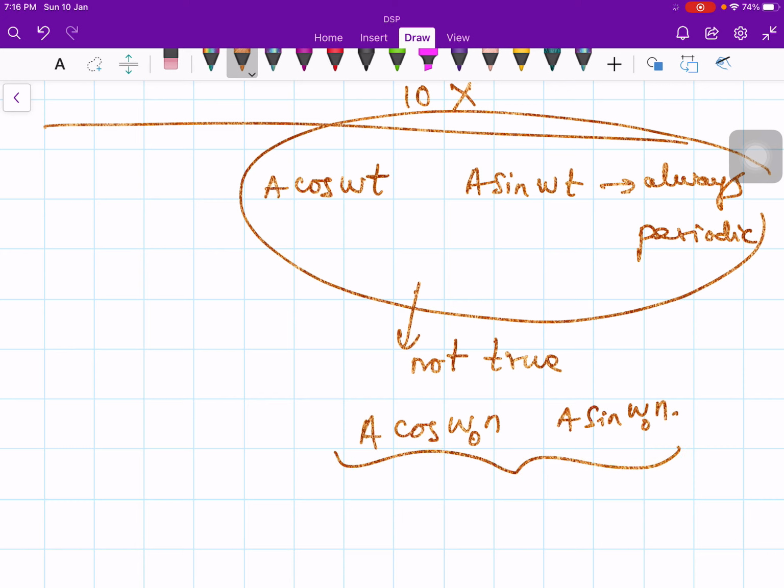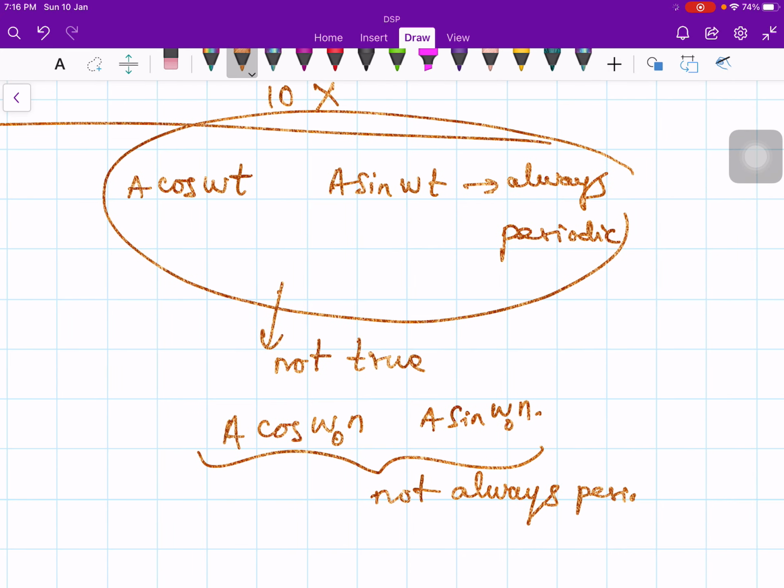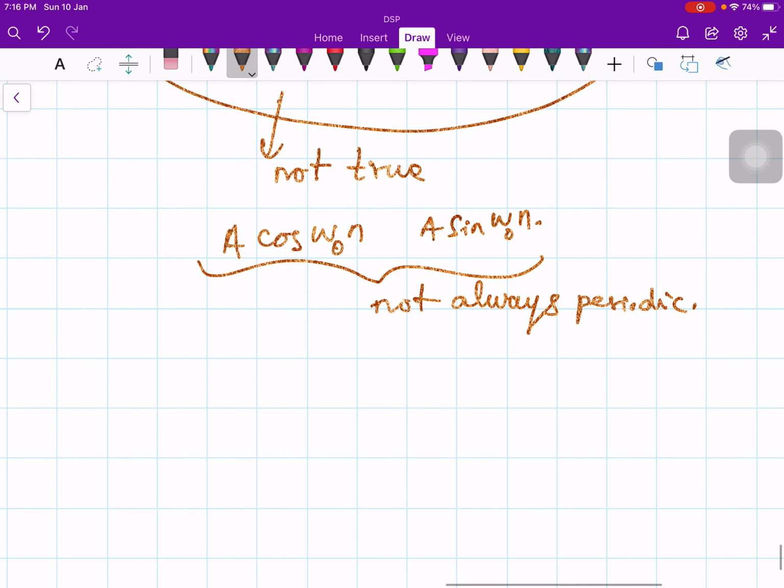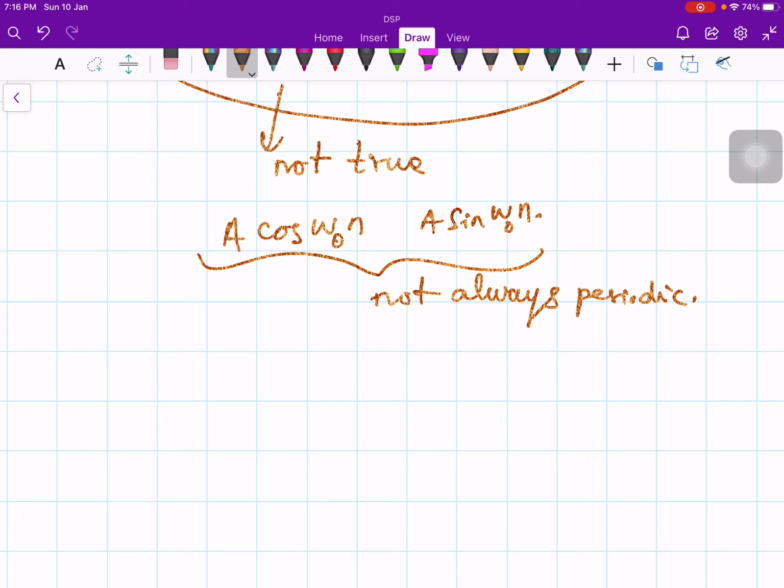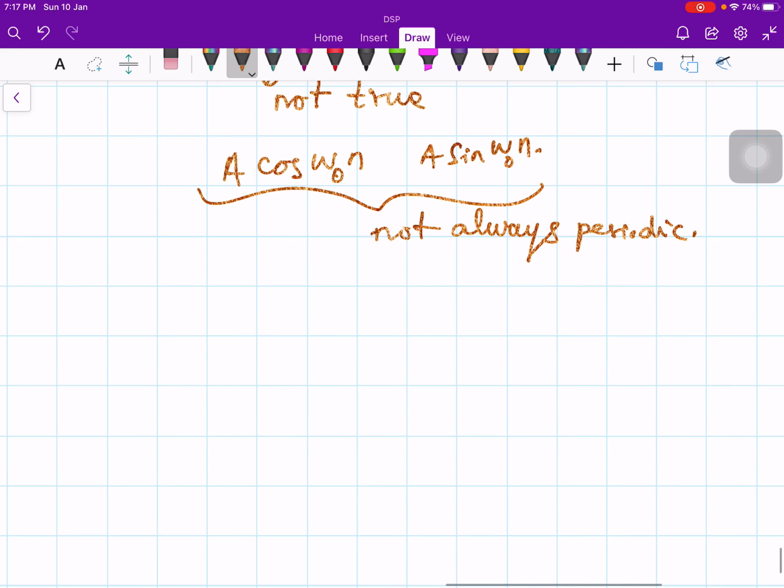These two are not always periodic. In some cases it is yes and in some cases no. We will show it. We will show you a little later that this is not the case for discrete signals. Then we will move on to what is called a bounded sequence.